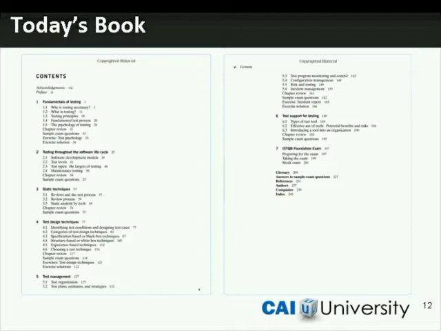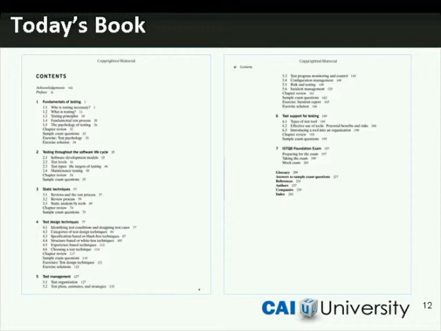Chapters 3 and 4 look at static testing and test design, which would comprise the bulk of a professional tester's day-to-day activities. So reviewing documents such as requirement specifications, test plans, test cases, and so forth. And then Chapter 4, designing tests using both black box and white box techniques.